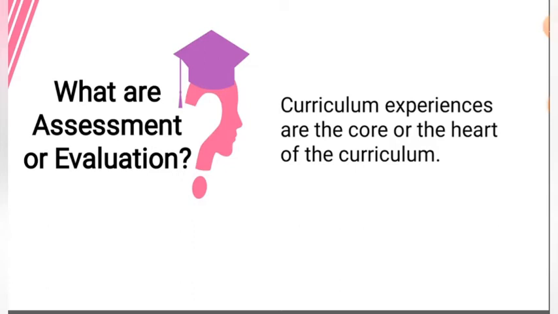Self-assessment, in which students learn to monitor and evaluate their own learning. Peer assessment, in which students provide feedback on each other's learning. And the last one is teacher assessment, in which the teacher prepares and administers tests and gives feedback on students' performance. This can either be formative or summative.